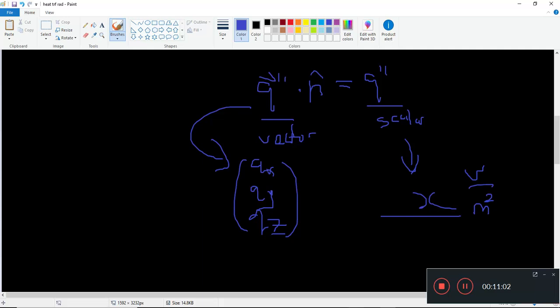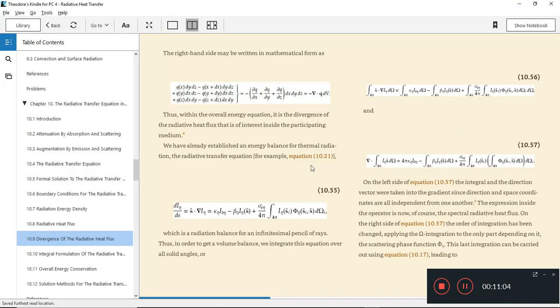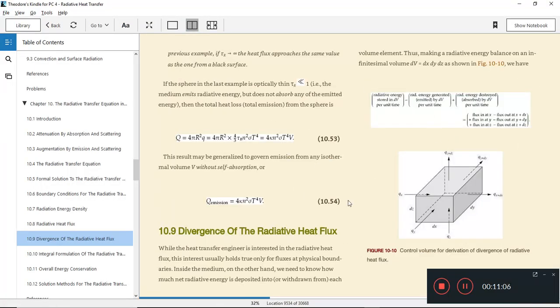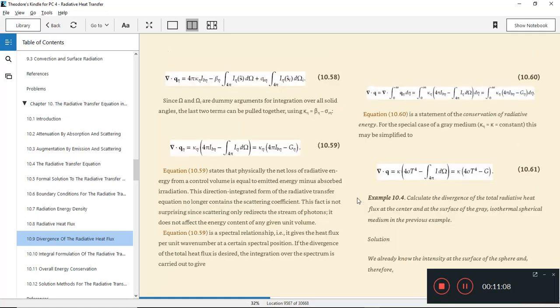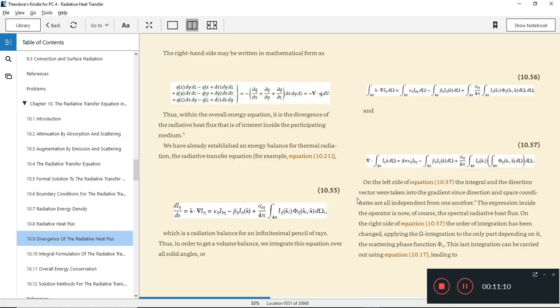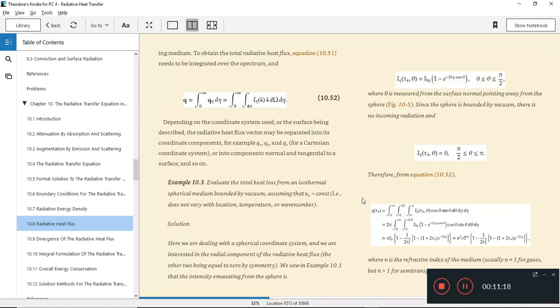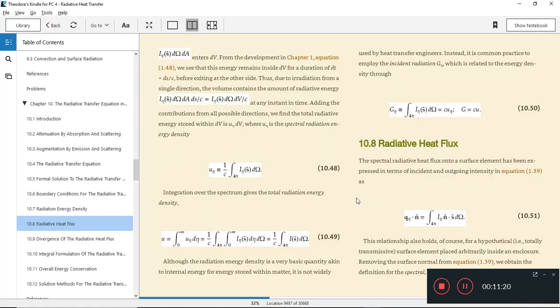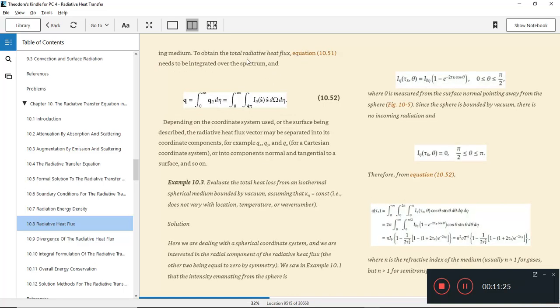And we can see this from the equation. Let's see, there should be a very early on kind of a thing. Okay, yeah. In the heat flux part, chapter 10.8, you can see this. To obtain a total radiative heat flux, we see that the heat flux vector is over here.